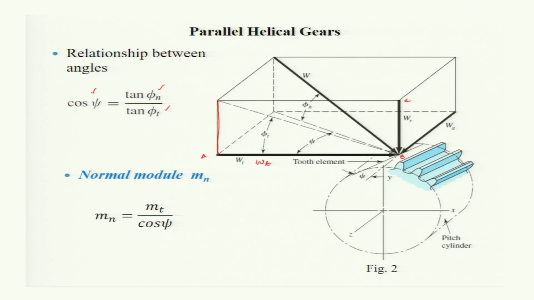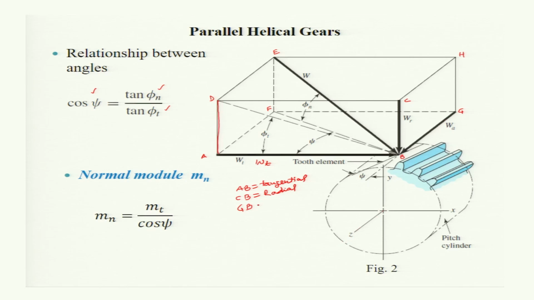A, B, C, D, then E, F, G and H. So AB is the tangential direction and CB is towards the center of rotation of the gear, and so it is the radial direction. CB is the radial direction and GB is along the axis, along the z direction.